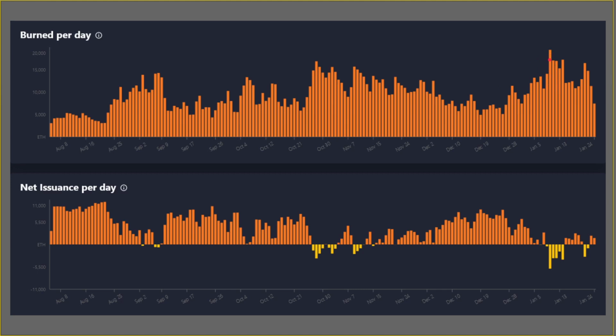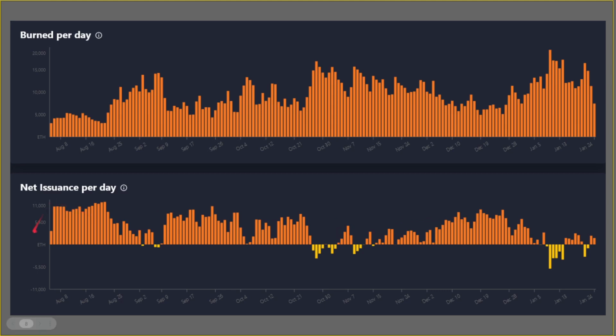We see particularly a particular day in early January 2022 really has overshadowed the rest and has shown a significant amount of Ethereum burned. Below this figure, we see the net issuance rate per day, where we see metrics regarding the net issuance from Ethereum per day, where for the majority we see there is a positive net issuance, meaning that more Ethereum was actually added.